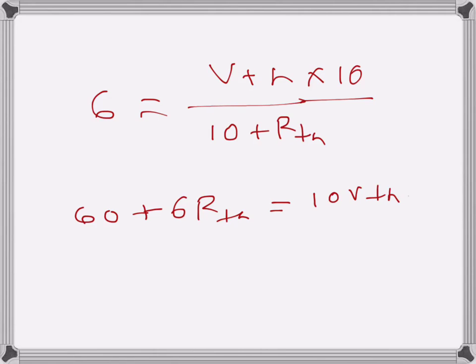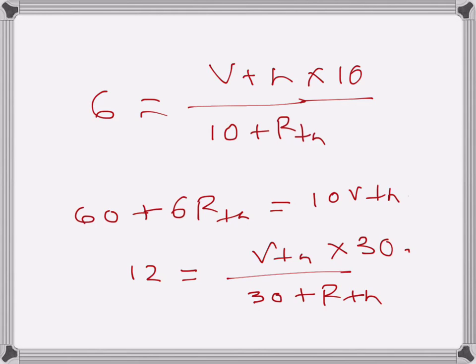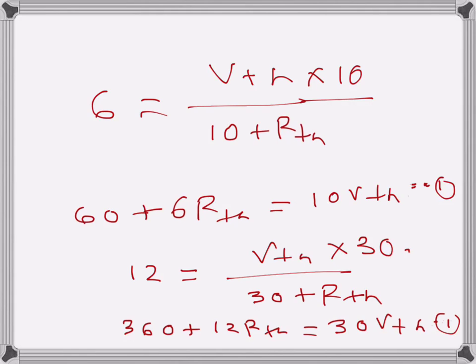The other one: when the voltage is 12 volts, it is V Thevenin over 30 plus R Thevenin, times 30. So this equation becomes 360 plus 12 R Thevenin is equal to 30 V Thevenin. So this is equation 2.